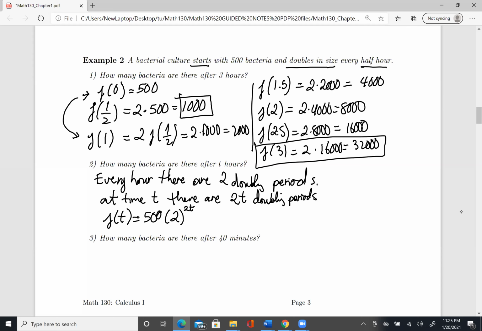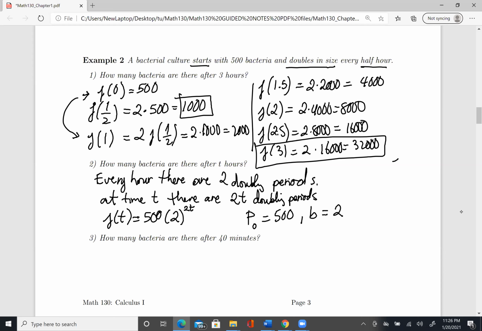So in here we can see that P 0 is equal to 500, and the base in here is 2.